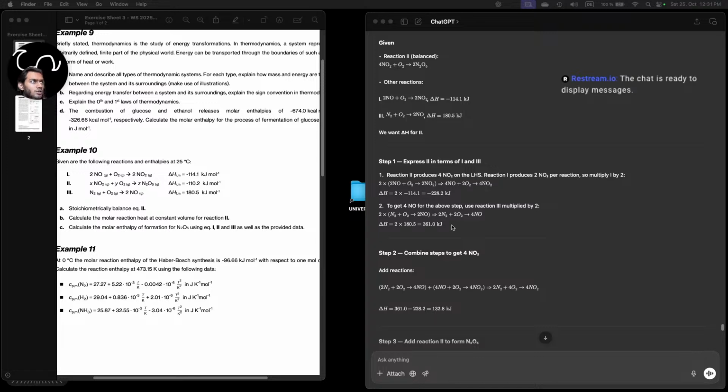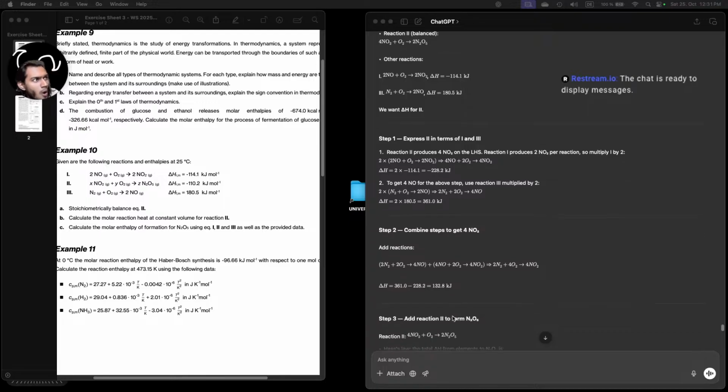So 361, 180 into 2. 361 minus. Well, it's a negative. That's 132 kilojoules. Add reaction 2 to form N2O5.